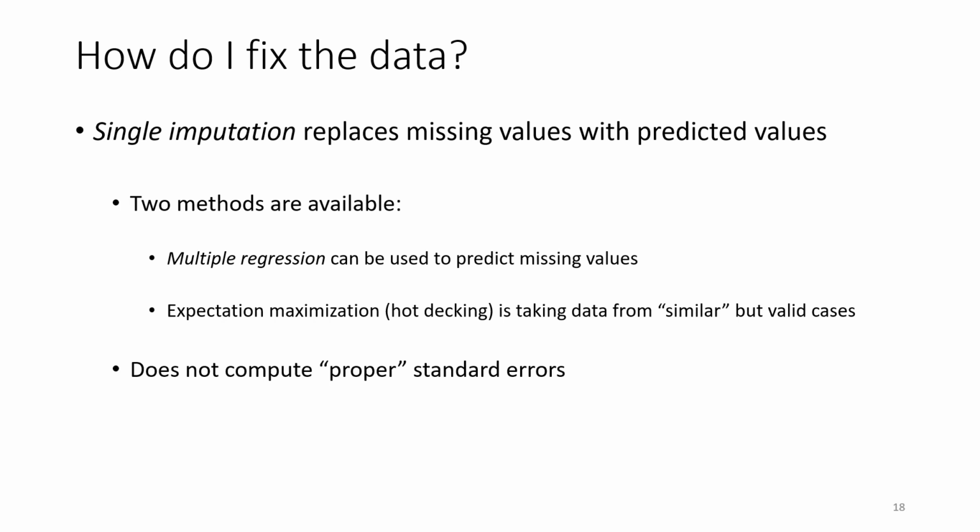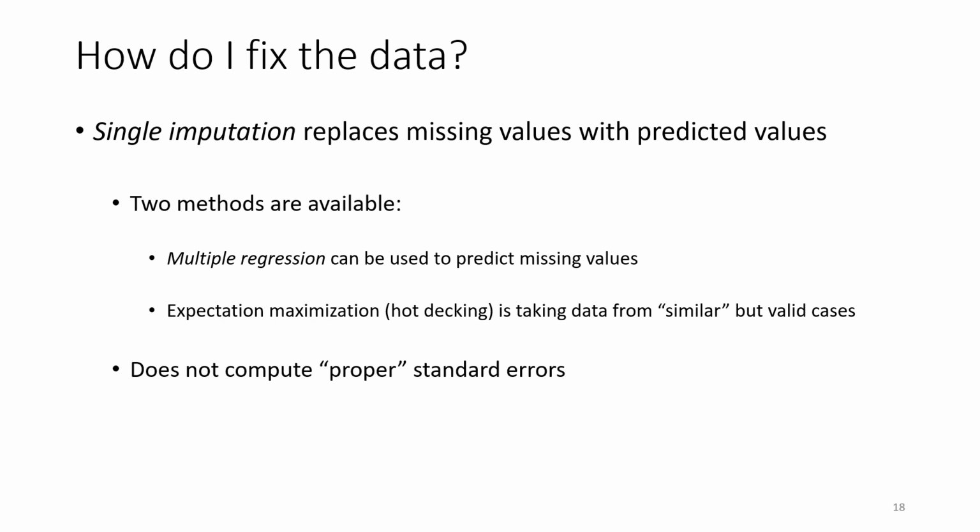There are two methods that are often used for treating or estimating the missing values. Essentially a multiple regression method that's sometimes referred to as ordinary least squares regression or OLS regression. Or the other approach is known as expectation maximization, which is also referred to as hot decking.